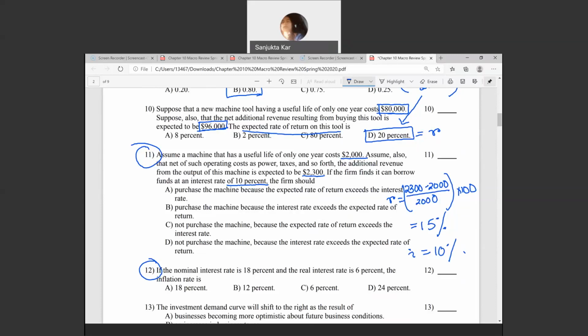Because this expected rate of return is greater than the interest rate, or the cost of investment, I'm just going to write here, this is the cost of investment. As 15% is greater than 10%, this is the answer here. Question 11, answer will be A.